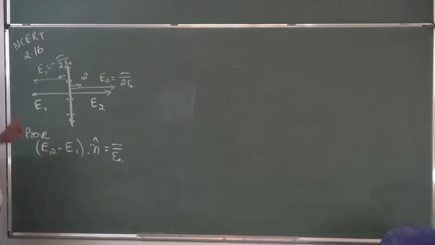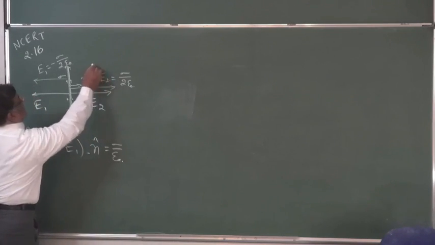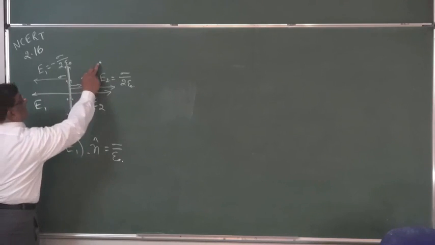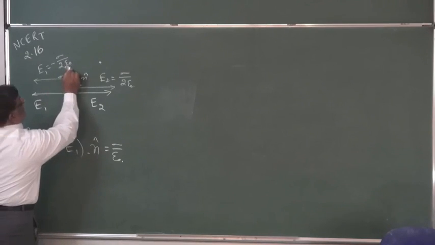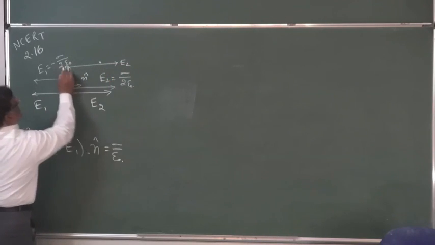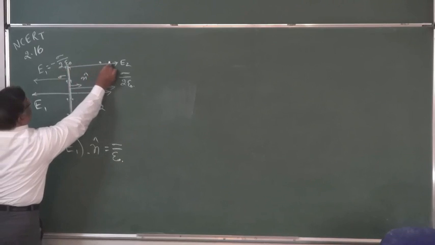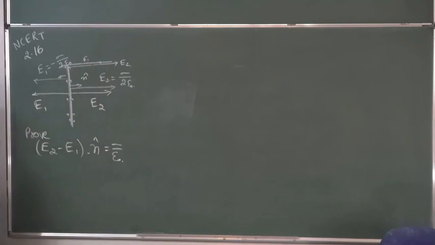Now, how much will be E2 minus E1? What will be the electric field here? Here, this is under effect of this positive charge as well as this positive charge. This positive charge makes an electric field E2. This positive charge makes an electric field, this one, E1. So, how much is the total of the two?